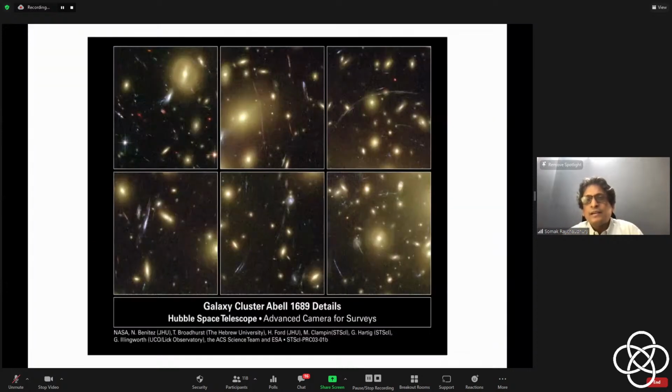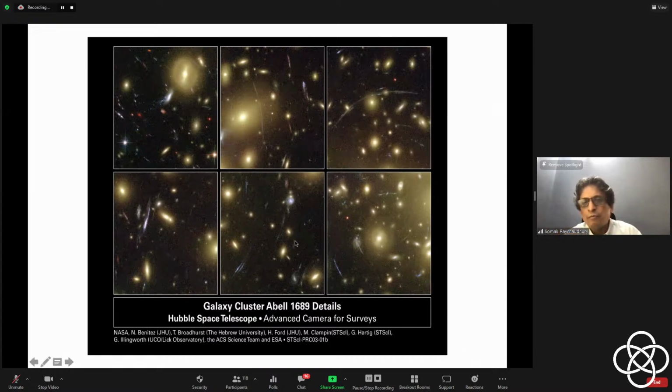Okay. Now, these are examples on cluster scales, again, of these various arcs that are gravitationally lensed arcs. Remember, all of these huge arcs that you see are single galaxies, which should be tiny, but just because the light from them is passing through this amazing distribution of dark matter, they are being stretched, and each of them gives you very, very important information about the mass distribution in that cluster.